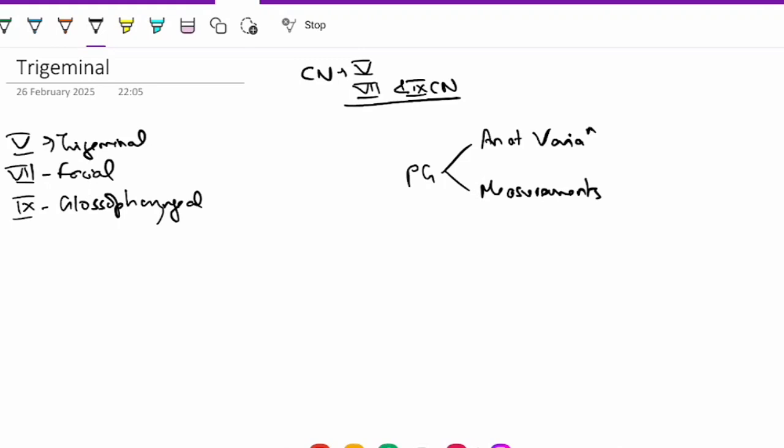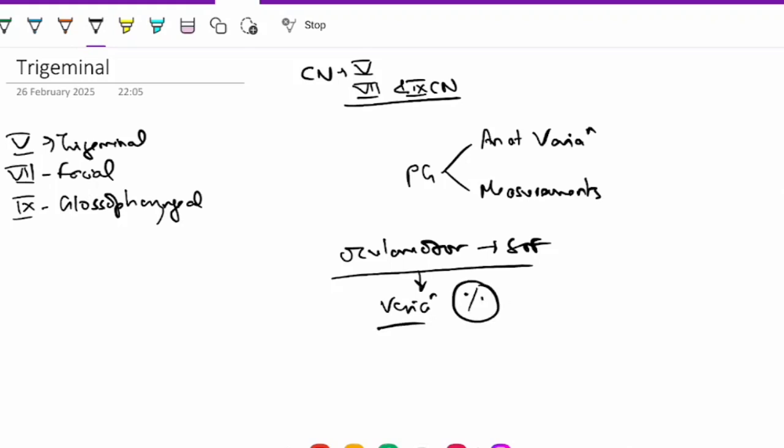So for example, in the last video, if you remember, we discussed the oculomotor nerve. We just discussed that it entered the superior orbital fissure. But what are the variations? In how much percentage of people does it go to the CTR, that is the common tendinous ring? Common tendinous ring is a structure in the superior orbital fissure.